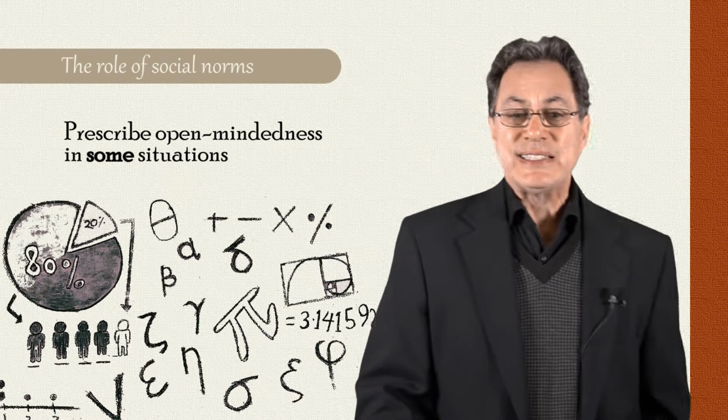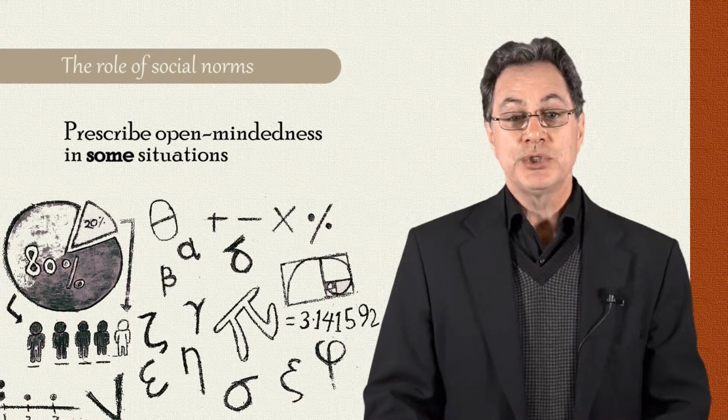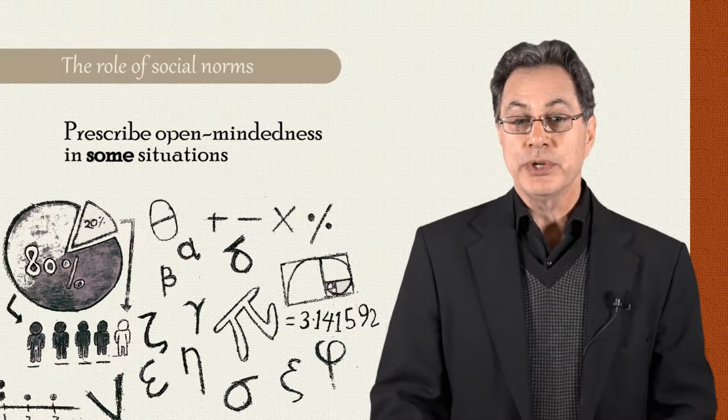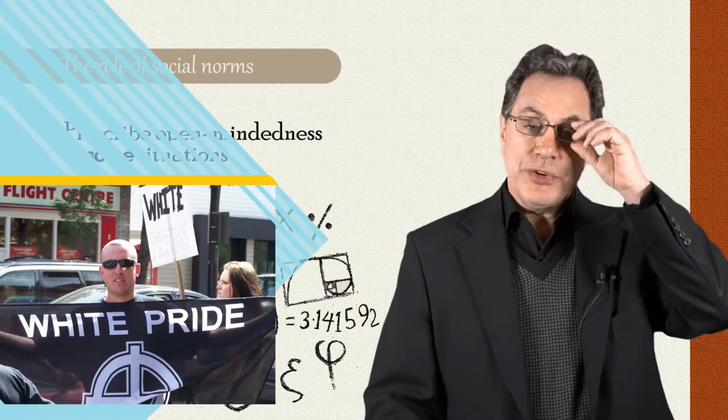However, it's not necessarily perceived to be appropriate or virtuous in other situations. For example, if you're in a situation where you're listening to a group of neo-Nazis who are advocating ethnic cleansing, the virtuous, admirable, and appropriate thing may be to be close-minded and refuse to openly consider their arguments.